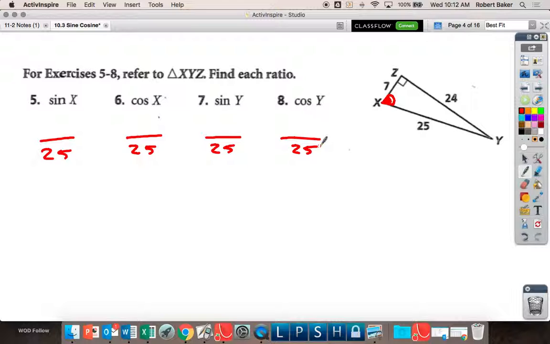Every sine and cosine function has the hypotenuse as the denominator. So the sine of x, what is opposite of x? Cosine is adjacent over hypotenuse. Now, as we flip to y, what is opposite of y?